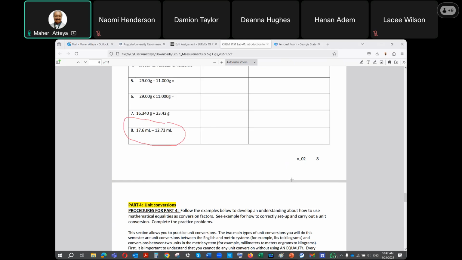So here we have how many digits after the decimal? 1. Here, how many digits after the decimal? 2. Here we have 2 digits.